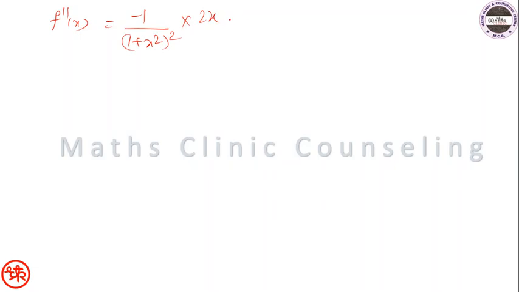And therefore f double dash of 1 is equal to minus 2 upon 1 plus 1 whole square, and that is 1 plus 1 is 2, so that is minus 2 by 4, and that is equal to minus 1 by 2. Is that clear?